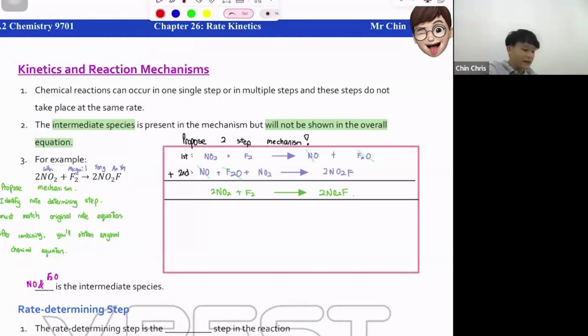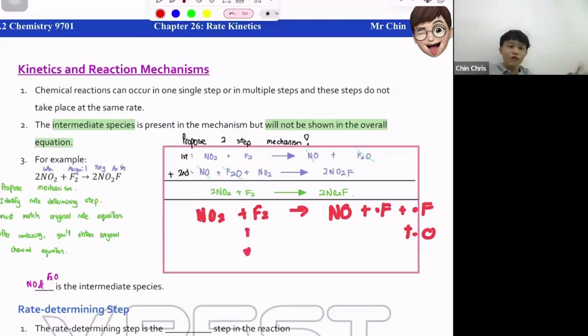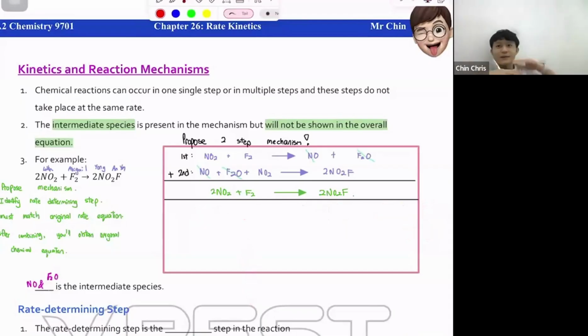If you want, this can go on to a third step, a fourth step. You can do it like one F free radical, another free radical, then one O free radical. Then you go second step, third step, fourth step. Really, it can be anything. You can just throw it in as long as you can explain it. How will you check?